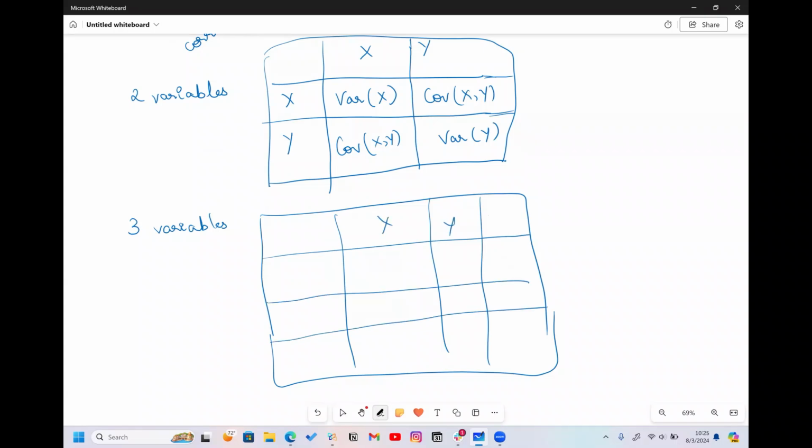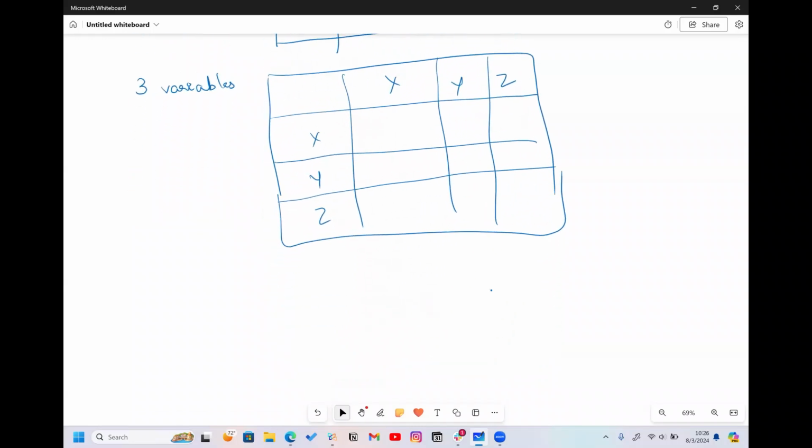Here we have x, y, z, x, y, z. And here in the diagonal, we have variance of x, variance of y, variance of z, and then covariance of xy, covariance of xz, covariance of yx, covariance of yz, and so on.